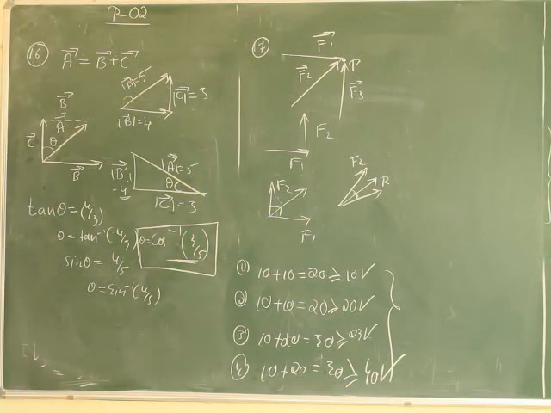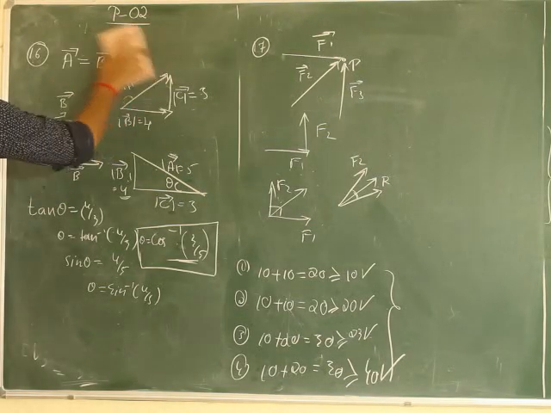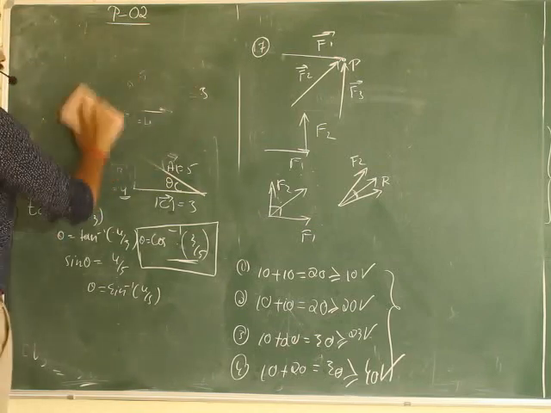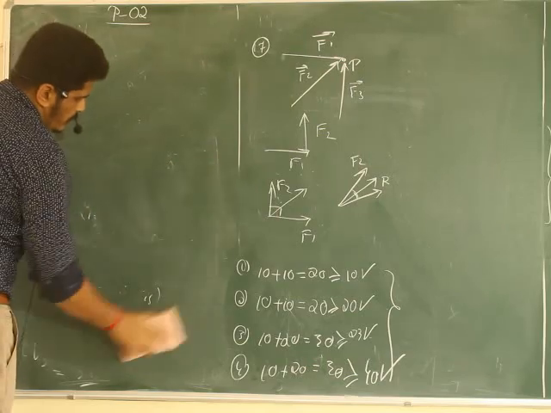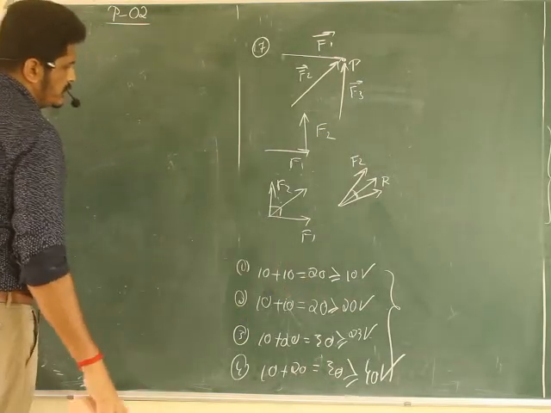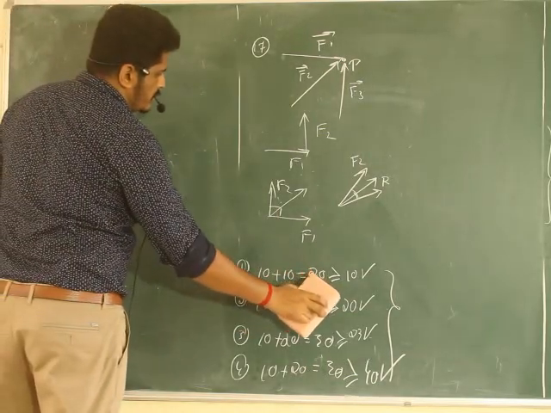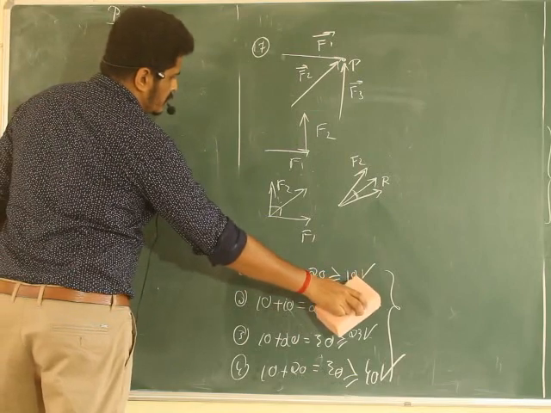In such combinations, you can try by using the resultant formulas. You know how to use resultant formulas with proper angles. But to check whether the resultant can be 0 or not, remember this step. Just add two vectors, look at the value and check with the third vector.